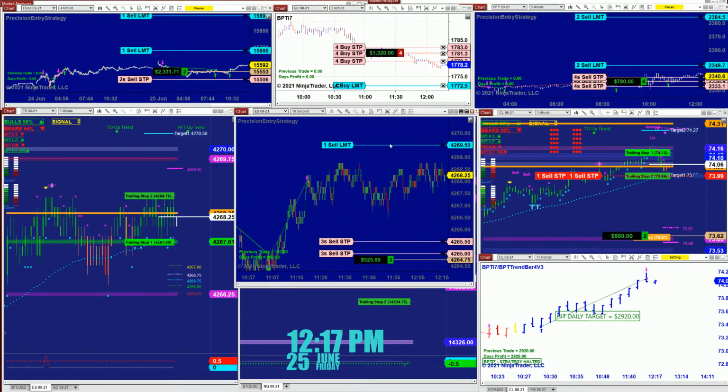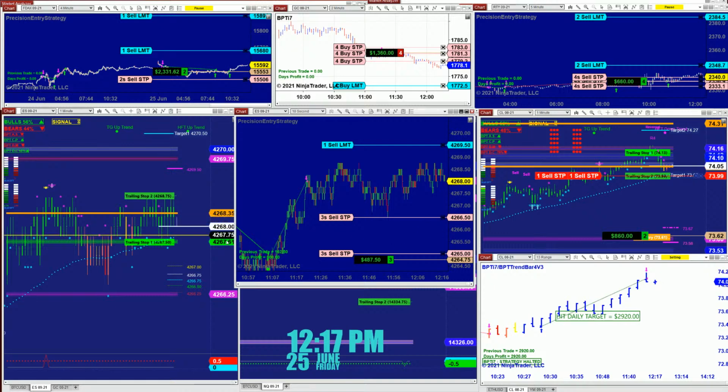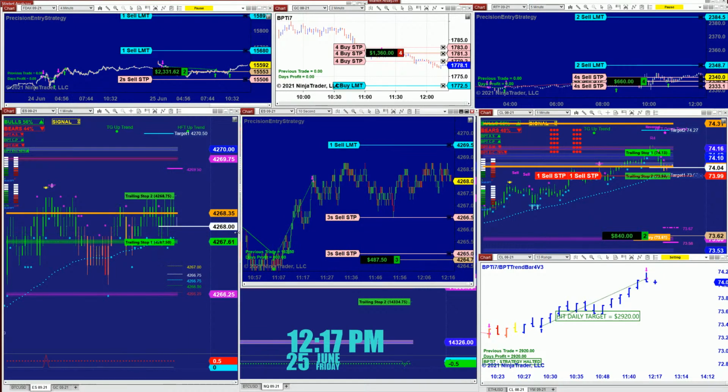Here it is, 42.6950, one tick below. And this is where I'm aiming my target. And we're going to go ahead and move the trend stop to the 42.6650, right below the projection. And we're going to leave it as is.